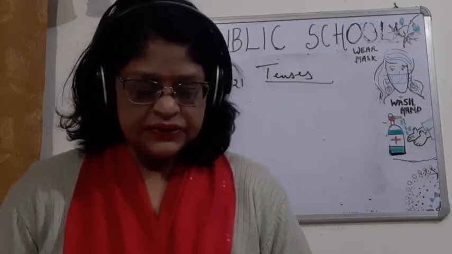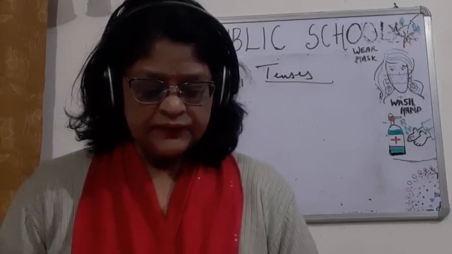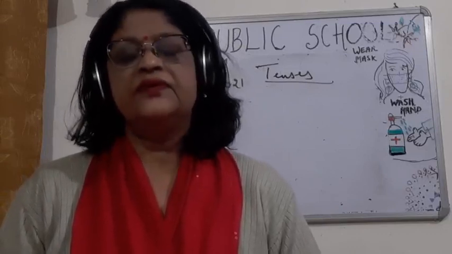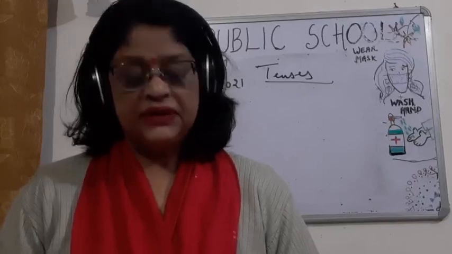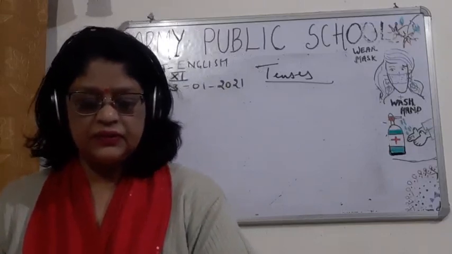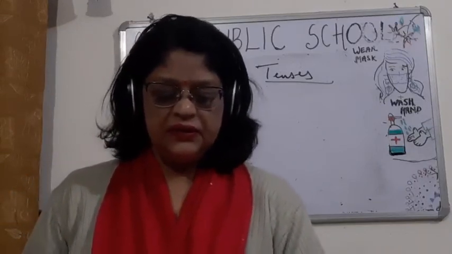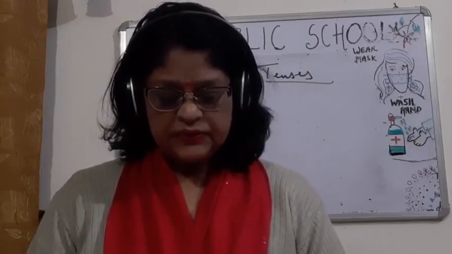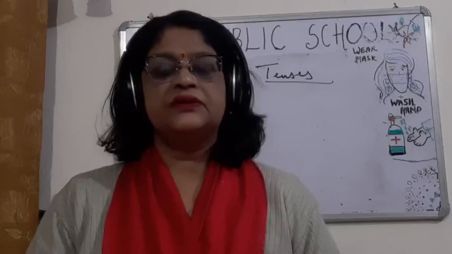Now sentence structure. Affirmative, positive: subject plus V1 plus object. For negative: subject plus do not or does not plus V1 plus object. Interrogative: do or does plus subject plus V1 plus object, question mark. When the subject is third person singular, he, she, it, or any single name, s or es is added to the base form of the verb.